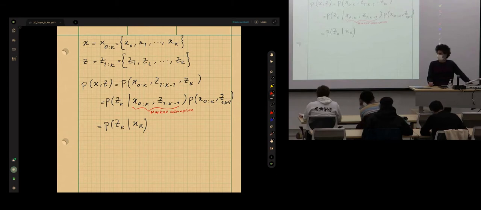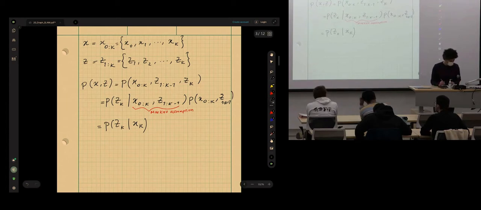Given the knowledge of the state at time step k, we do not need the history. That was the Markov assumption. So we can drop all the terms that will not add extra information, assuming the knowledge is captured entirely in xk.